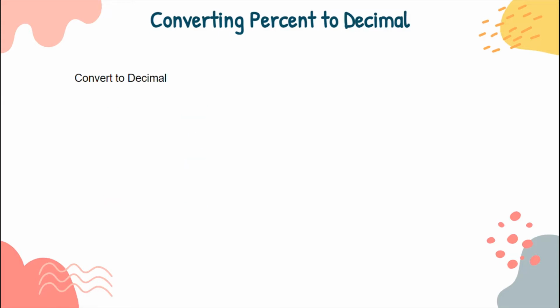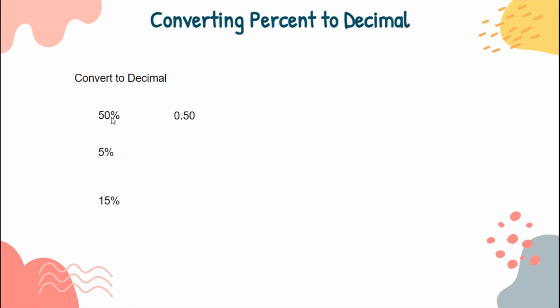Now this time, we're going to convert percent into decimal. We have here 50%, the same examples that we have, 5% and 15%. To convert percent to decimal, move the decimal point 2 places to the left. For 50%, the decimal point is just right here.